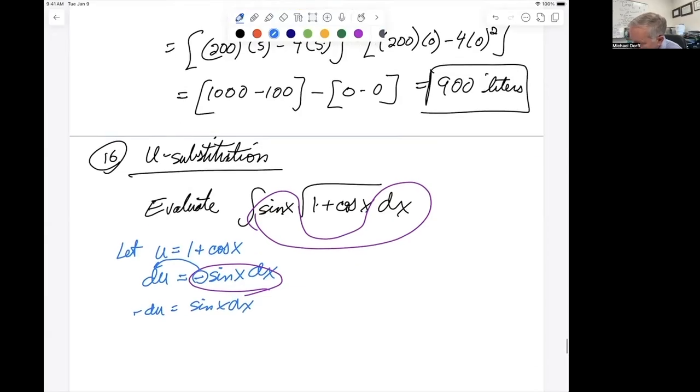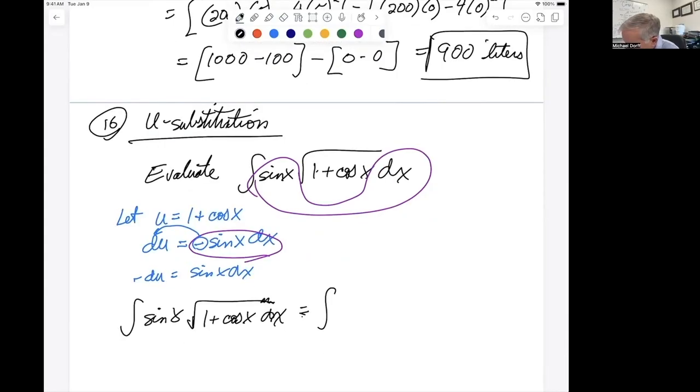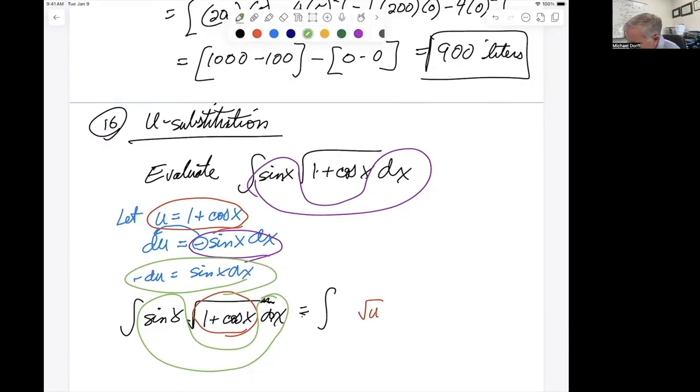So when I substitute this in, my integral of sine x times the square root of 1 plus cosine x dx is going to equal, what do I get? When I put in the u, I get a u under the square root. And for the sine x dx, that's this part here, so the sine x dx is going to be a minus du.